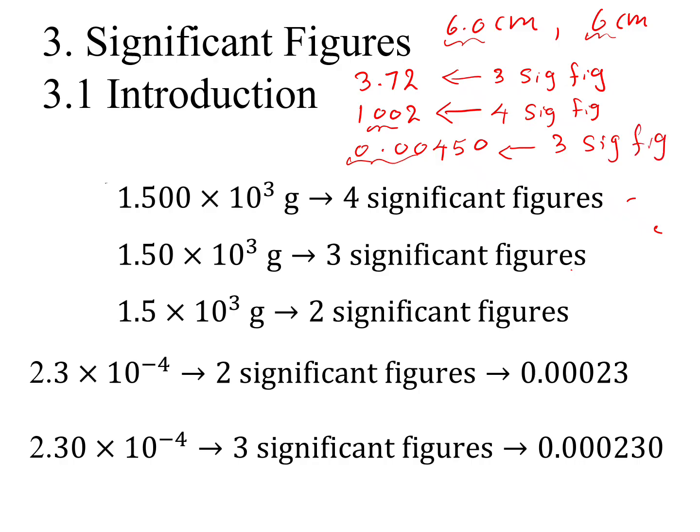The fourth rule is trailing zeros to the right of a decimal are significant. So if you have a number like 2.300, these zeros are significant, so here we have four significant figures.